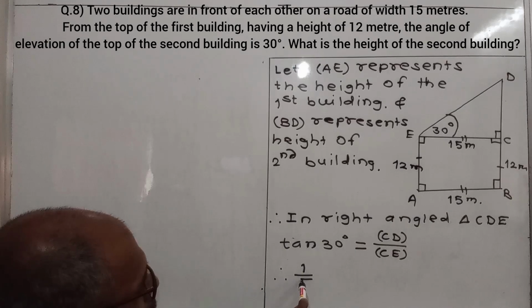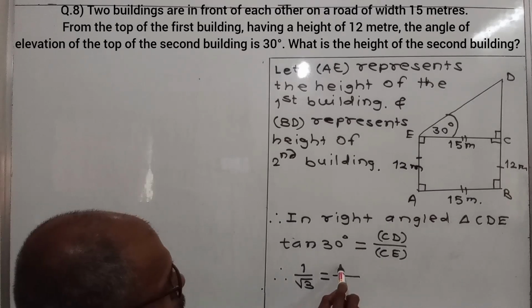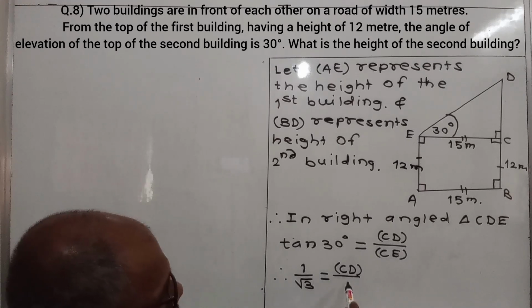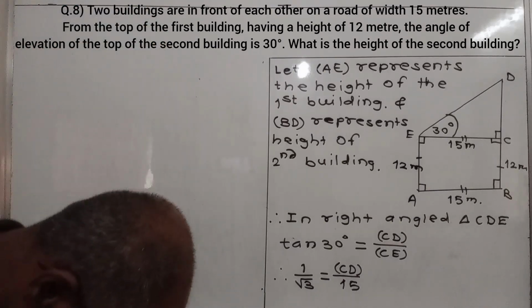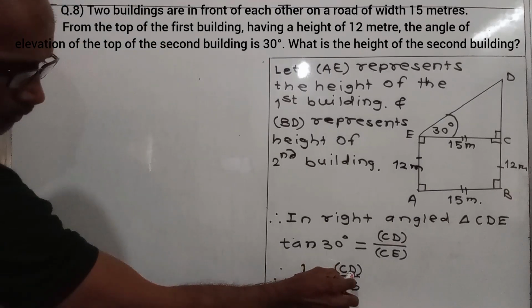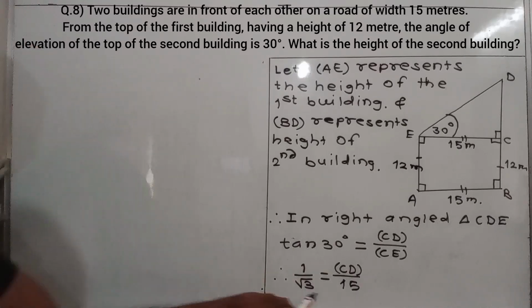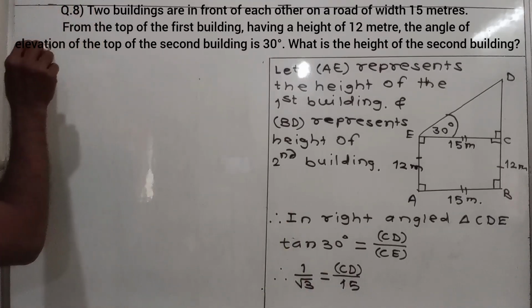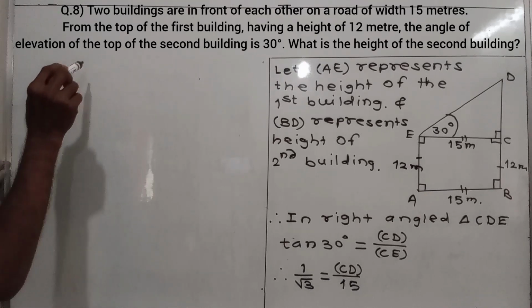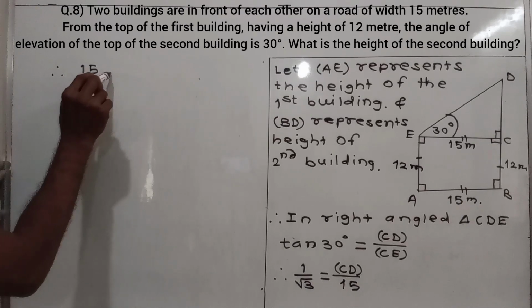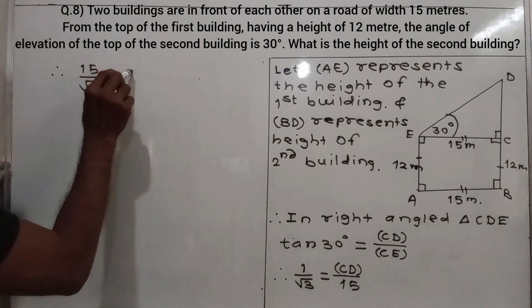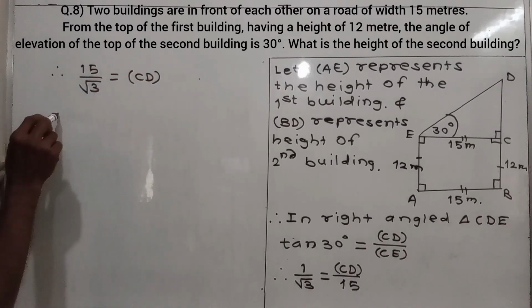Okay, then we put values. 1 upon square root of 3 is equal to CD, which we don't know, CD upon 15, the value of CE that we know. Then cross multiplication, or directly we take 15 here, therefore 15 upon square root of 3 is equal to CD.